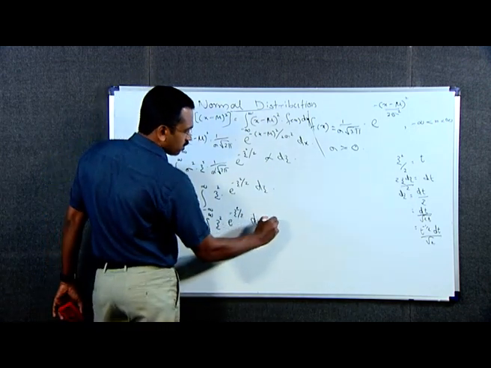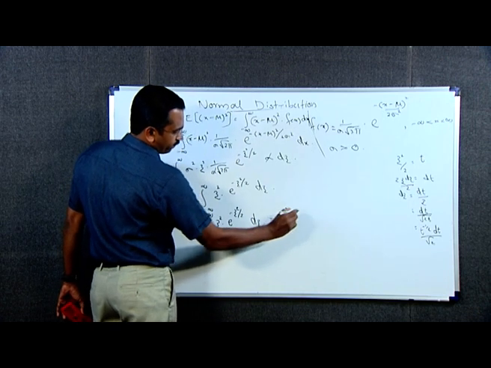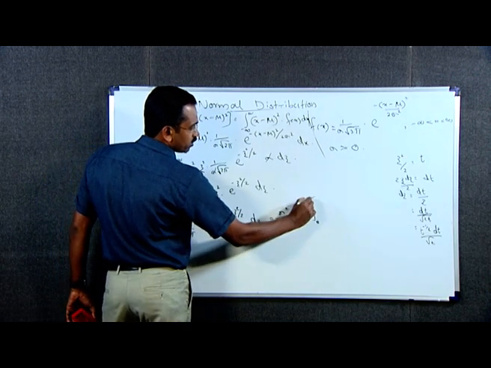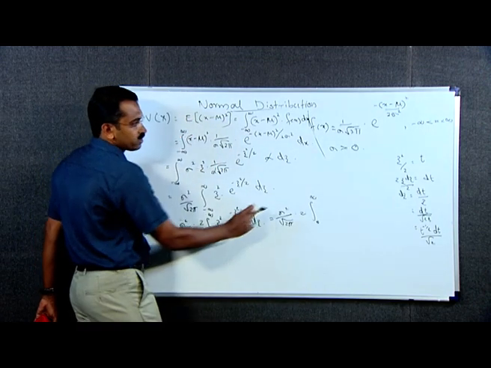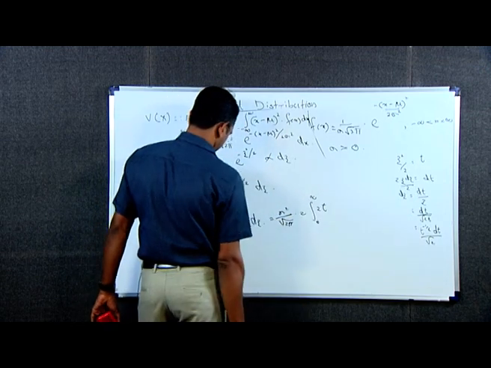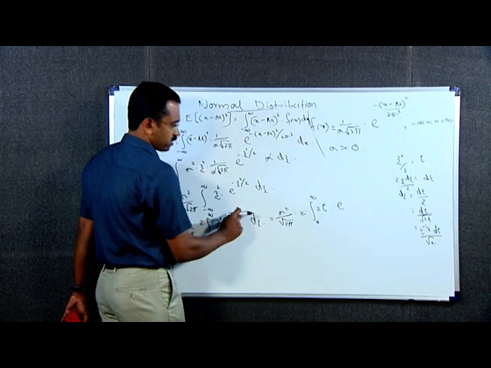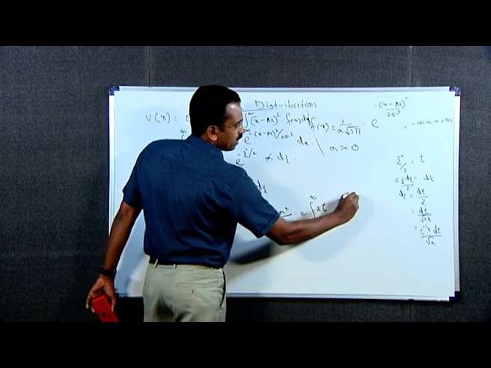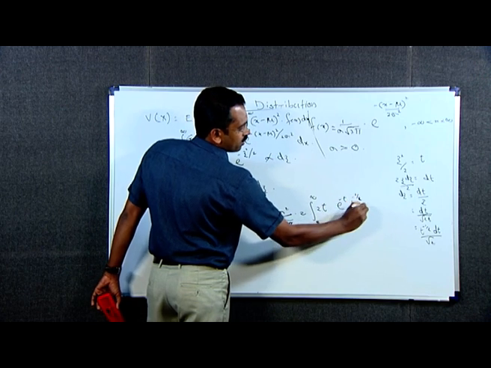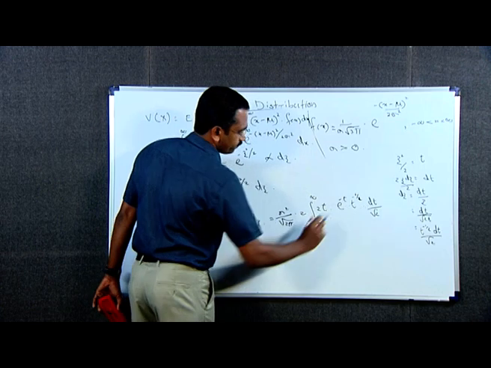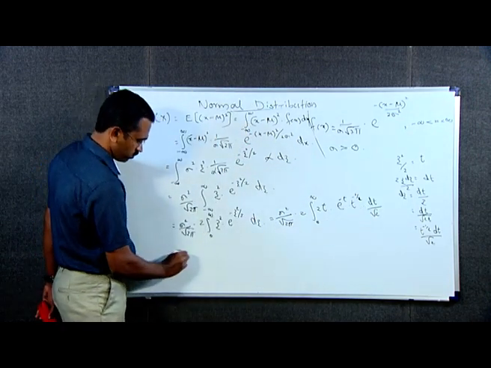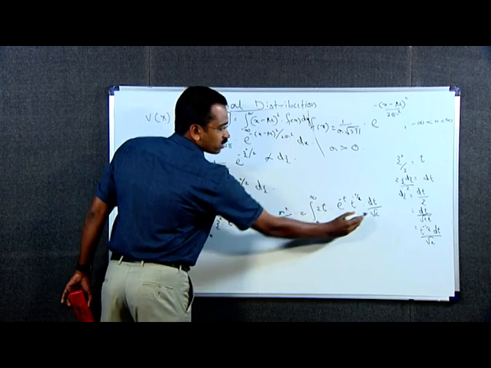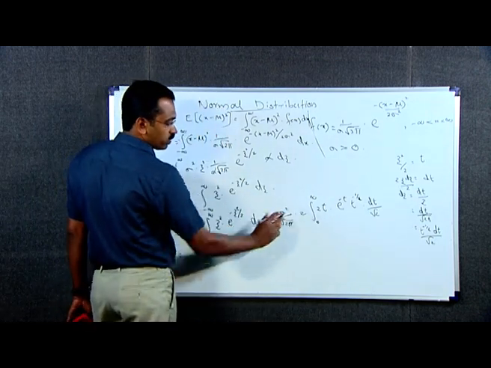Therefore, this is equal to sigma square by root of 2 pi, into 2 times integral from 0 to infinity. Z square is 2t, into e raised to minus z square by 2, that is minus t. Dz is t raised to minus half dt divided by root 2, which is equal to, here root 2 into root 2 means 2, that 2 and 2 cancelled.